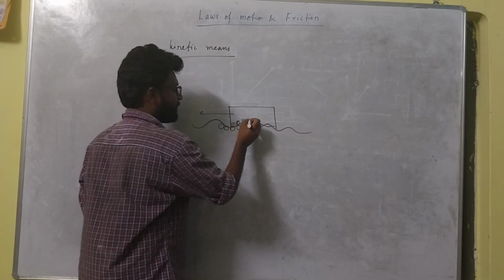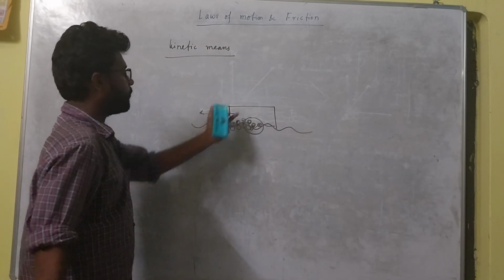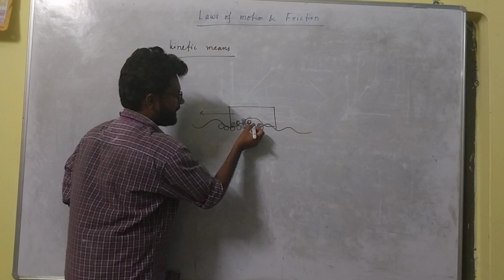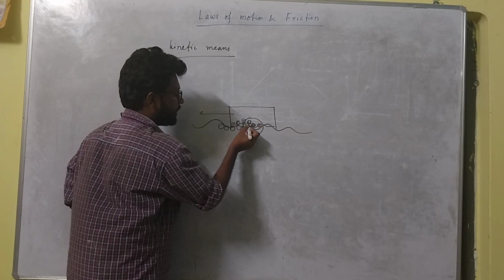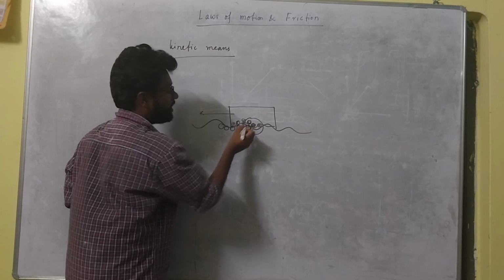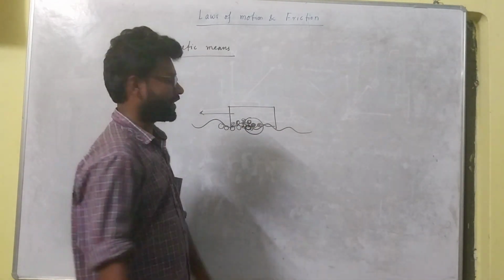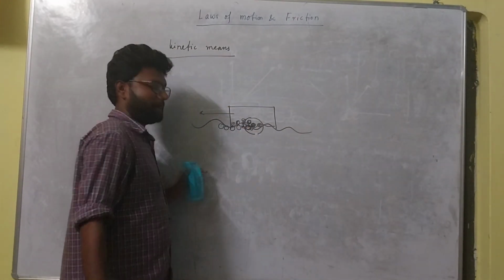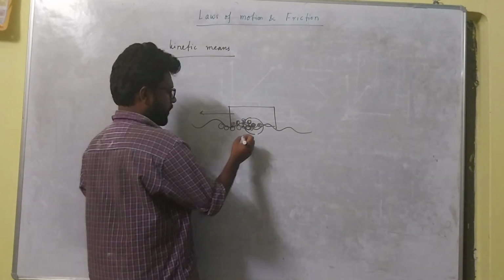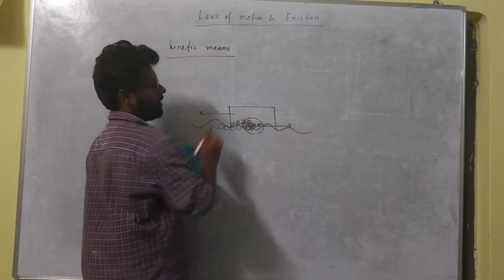Okay, now just see this portion. If the block tries to move here, then this atom pushes this white atom, the atom of the surface. So of course, by the action-reaction pair, the atoms of the surface get that force on the block.